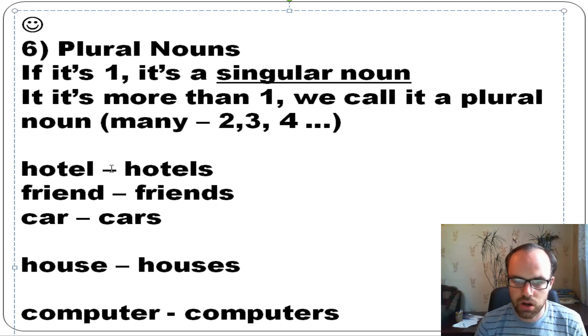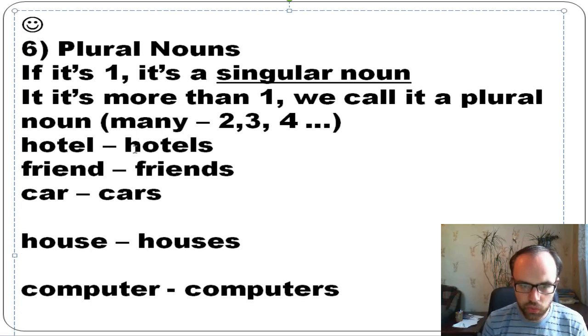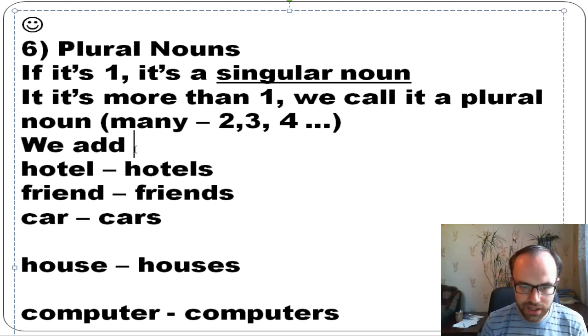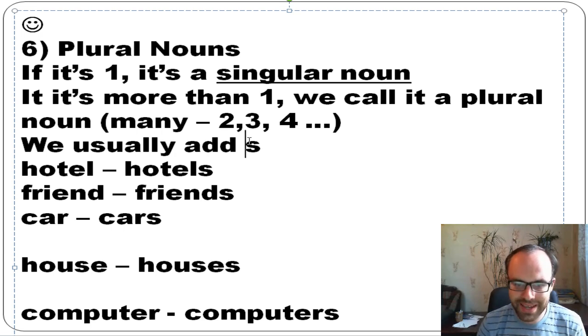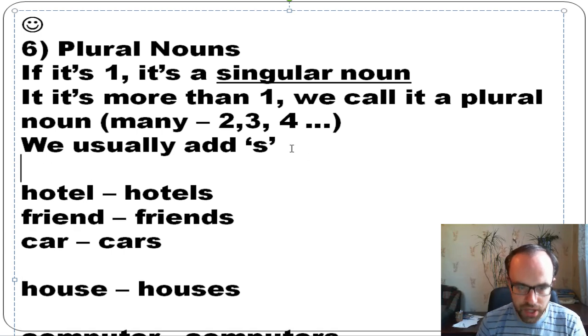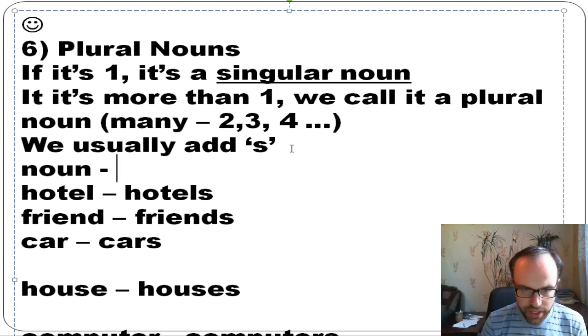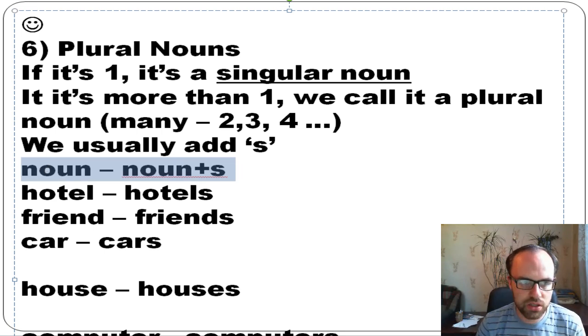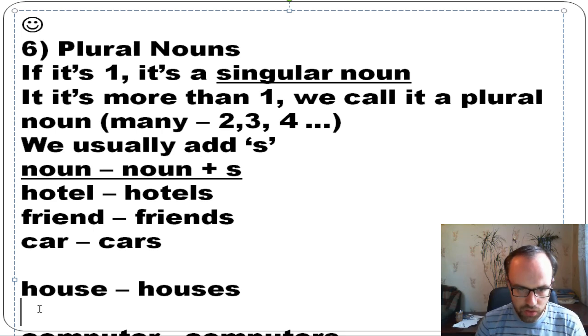So hotel, hotels, and we usually add s. So you see noun and noun plus s.